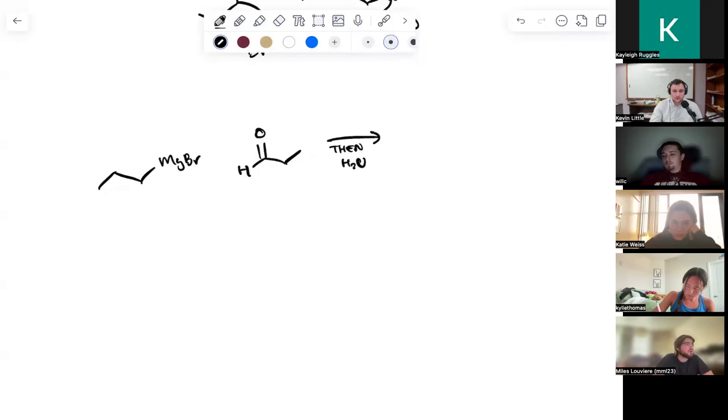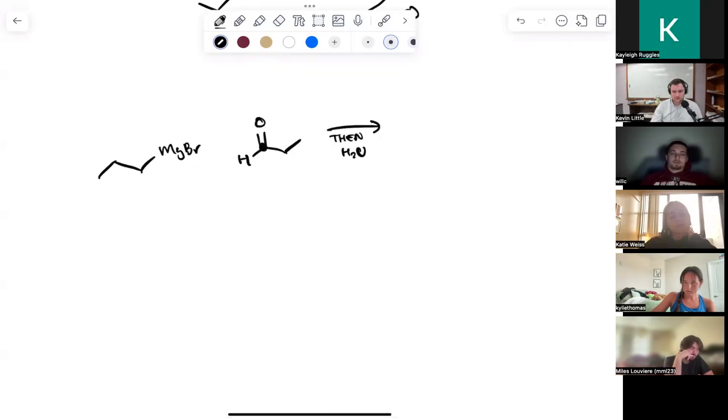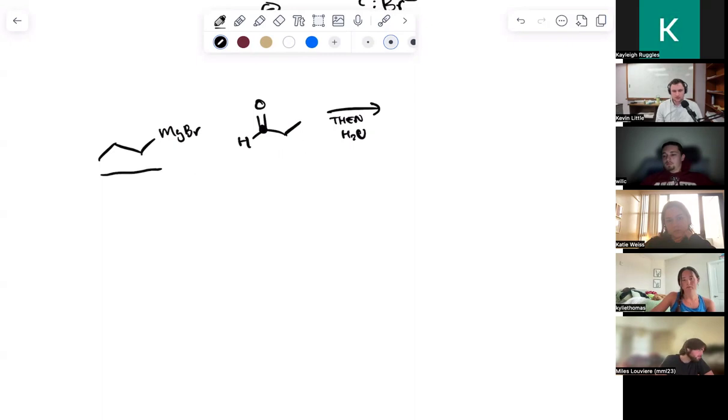Do I see any electrophiles in this picture? Well, this carbonyl's got to be an electrophile. It's got to be. It's on our chart. That means I'm probably looking at something over here being my nucleophile.